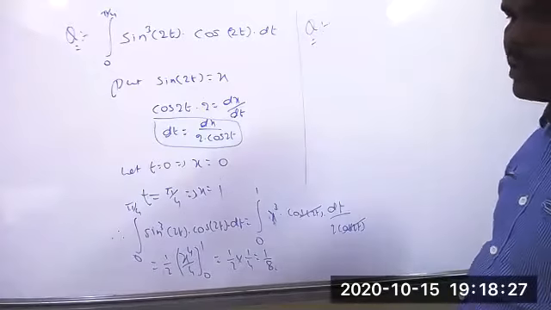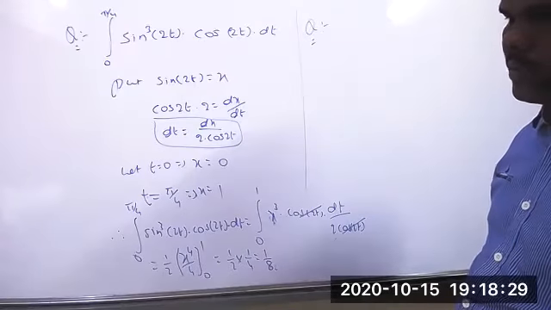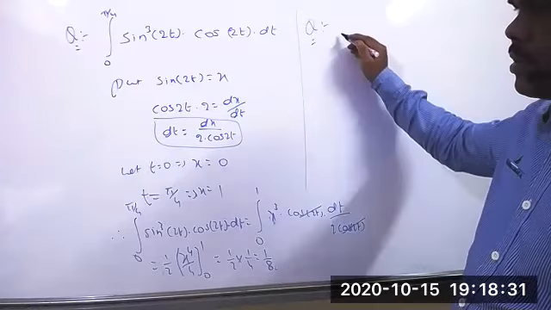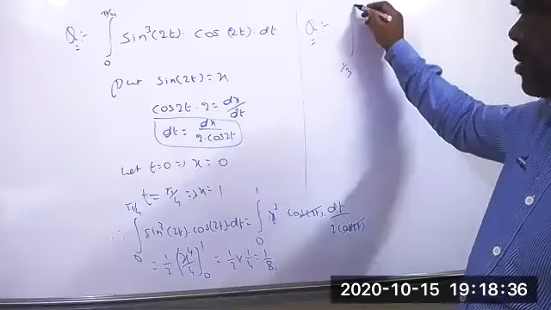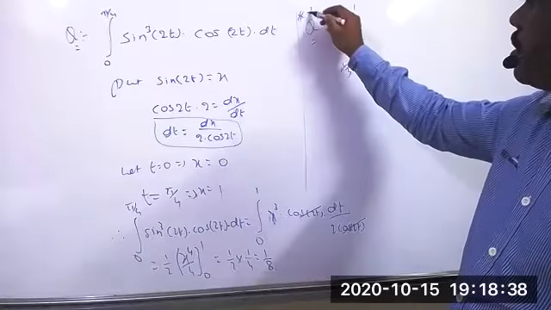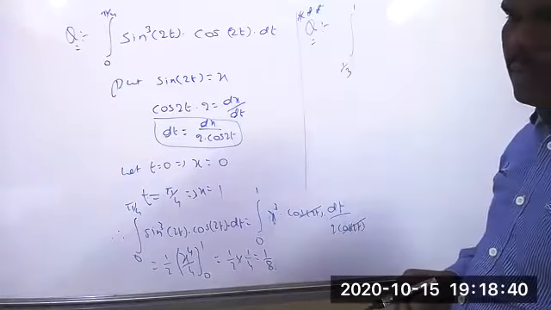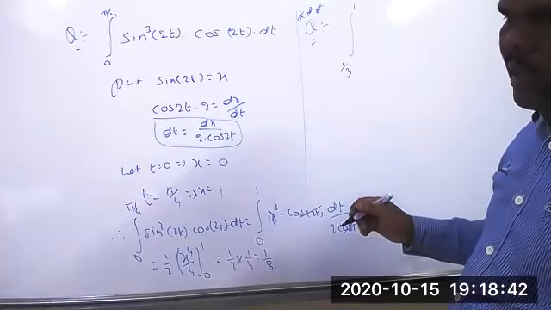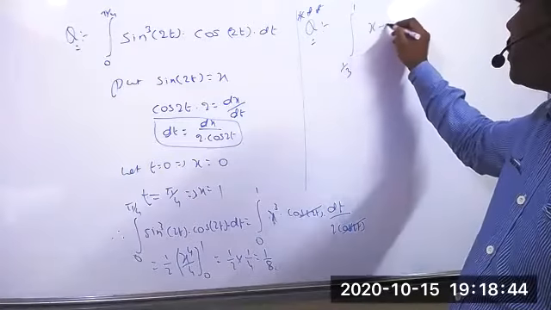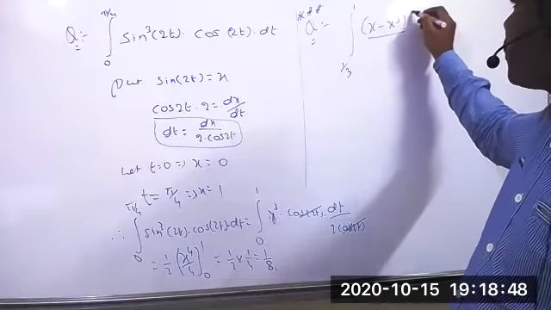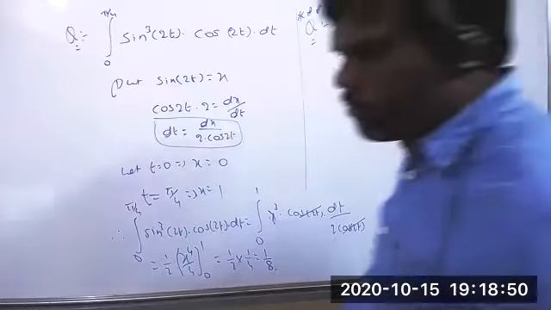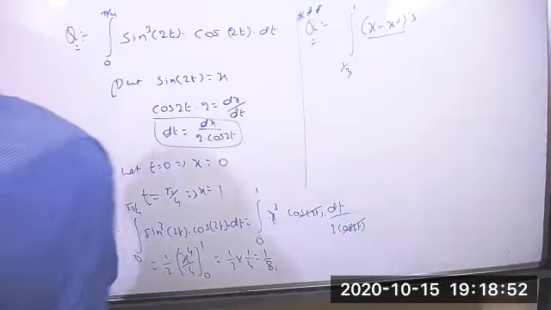We can do two more questions, then we will start the properties of definite integrals. Integration of 1 by 3 to 1, this is also important, x minus x cube whole power 1 by 3 whole by x power 4 into dx.